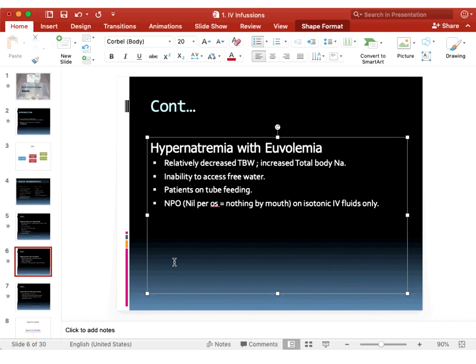You will be encountering this term in your English article, so you may take a note of this. NPO meaning nil per os in Latin, which means nothing by mouth, and in these patients you might have a little bit of normal volume, but the sodium concentrated.